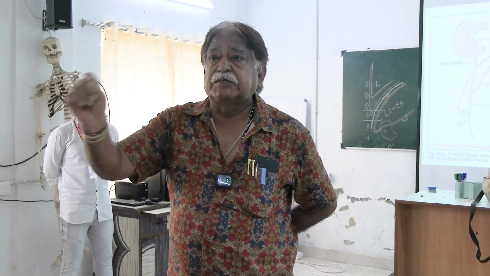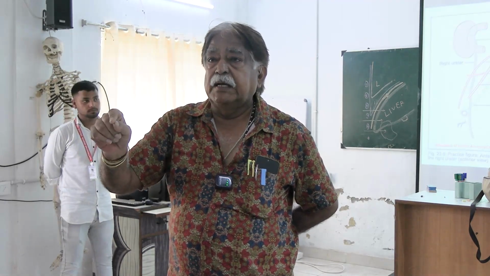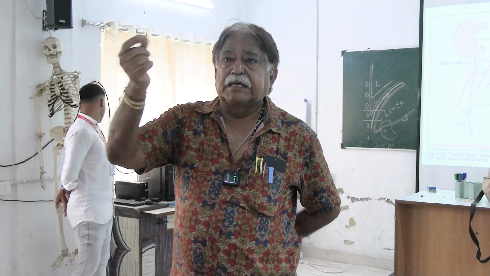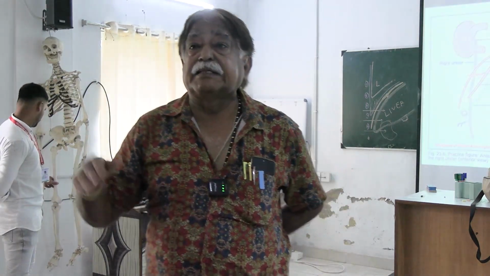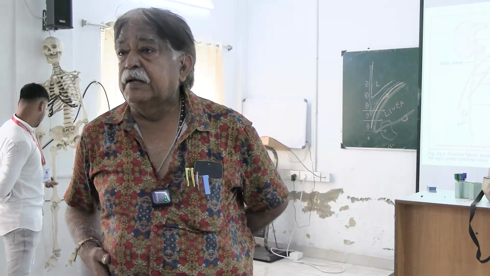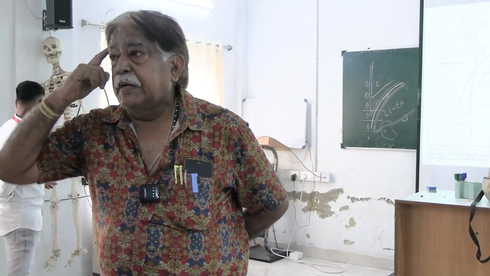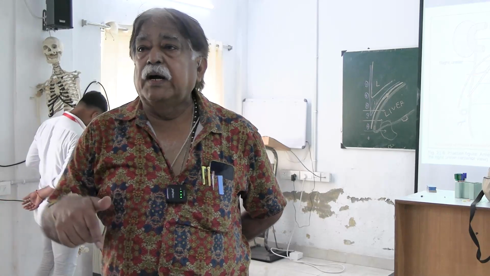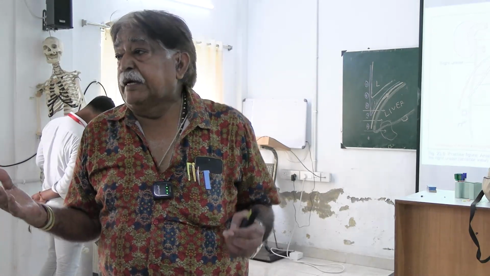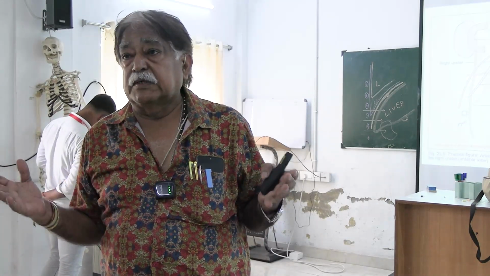Second, USG must. Third, if USG shows a ureteric calculus or ascending pyelitis, it can be on the right side. So don't tell him that you are suffering from appendicitis and need an urgent operation.